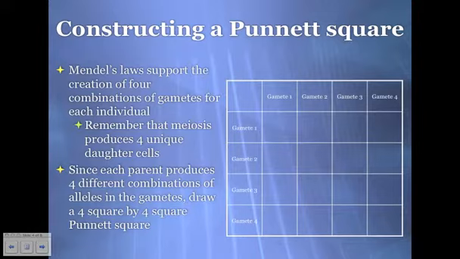It doesn't matter which parent goes in which space, but what's important is that you use the appropriate number of spaces. Remember, meiosis produces 4 unique daughter cells, but sometimes in the dihybrid cross, those 4 cells might have the same information for just those 2 specific traits that you're tracing.